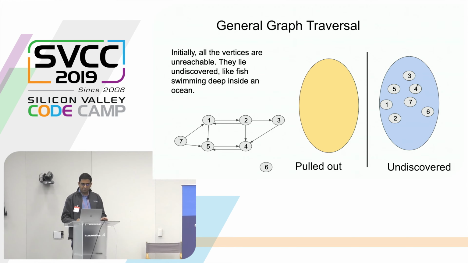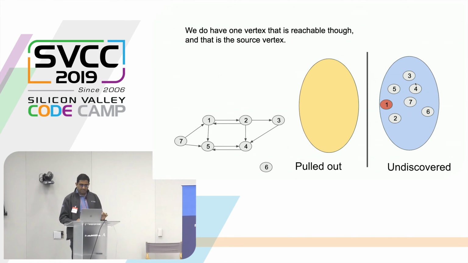They are like fish swimming deep inside an ocean. And that's what you see here on the right side. But we are given in this problem that there is a starting vertex. We know where to start from, and that's vertex 1. This is our source for the exploration of the graph.